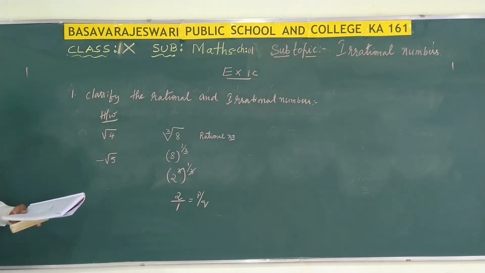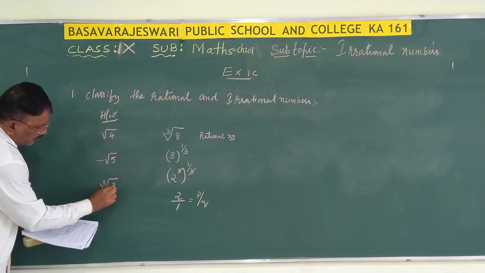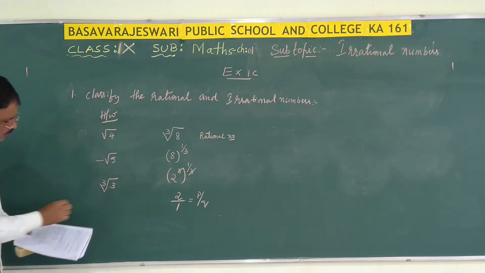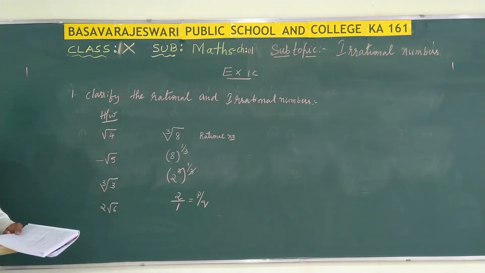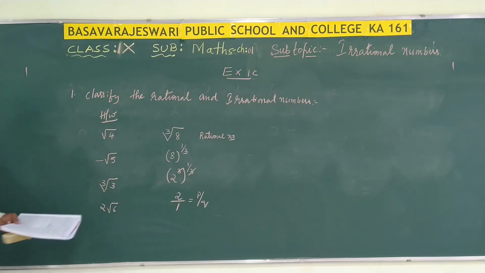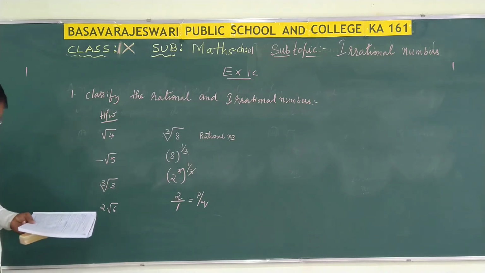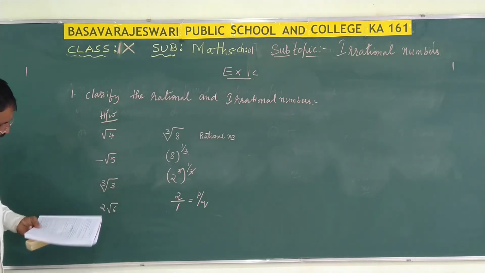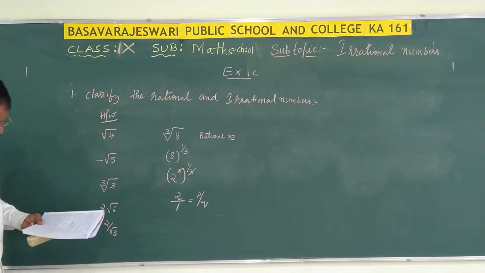Next, cube root 3 to root 6. Even if you look into 2 root 6, that also you should try. Next, 2 by root 3.